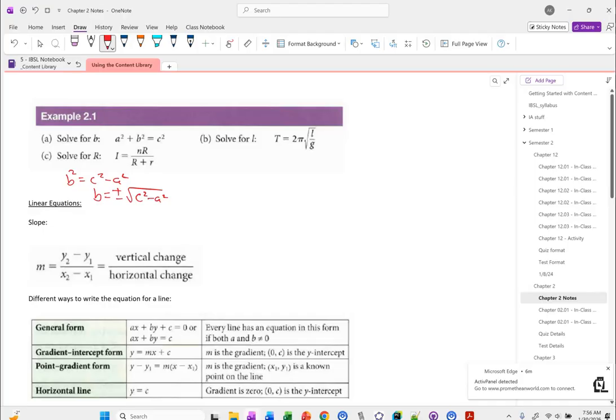Capital R is in more than one location, right? So to get R by itself, you are going to have to combine those two R's together at some point into one location, right? Okay. That being said, what should our first step be? Multiply by R. I like that. So to clear fractions, we'll multiply both sides by capital R plus little r.